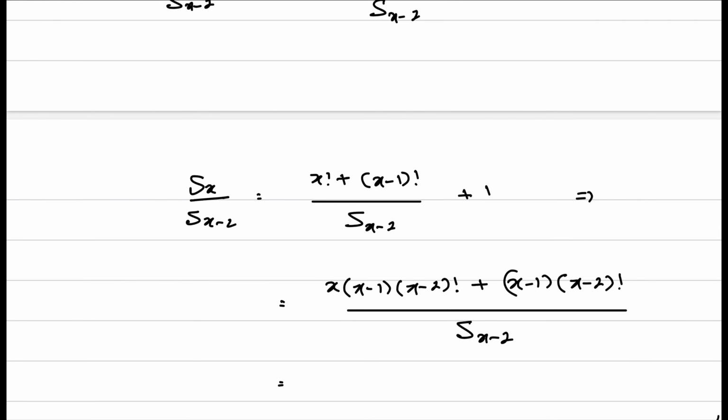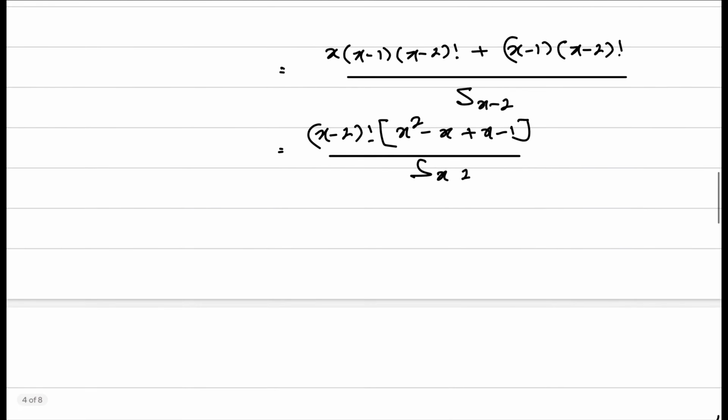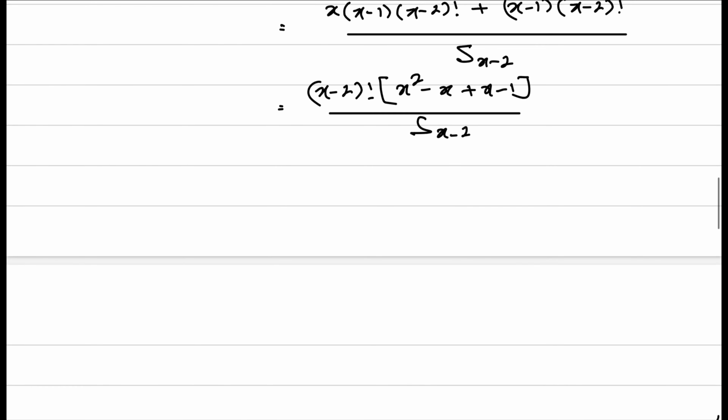Then, can we take x minus 2 factorial as common? And can we write like this? X square minus x plus x minus 1, whole divided by Sx minus 2. That is equal to, this x gets cancelled.